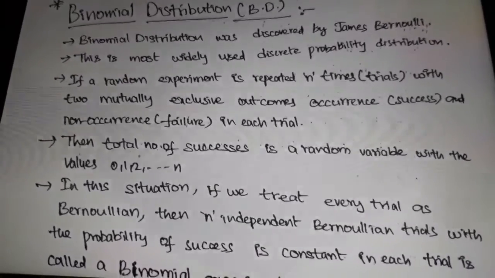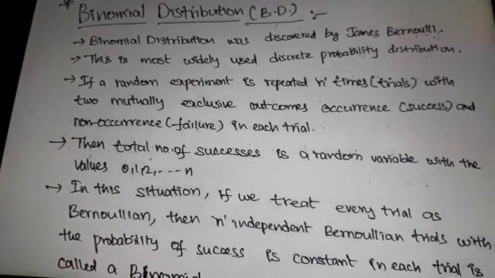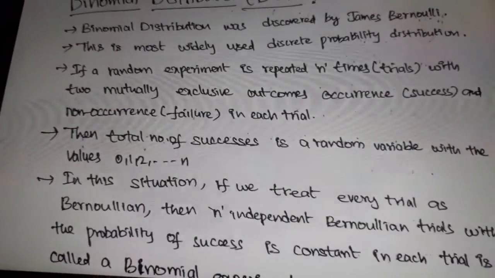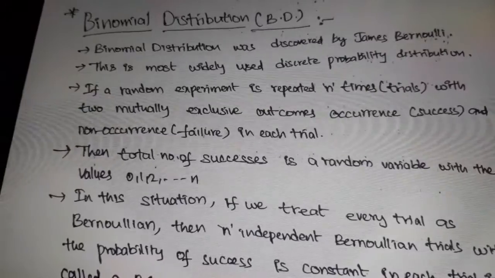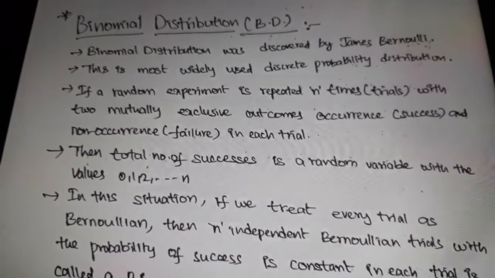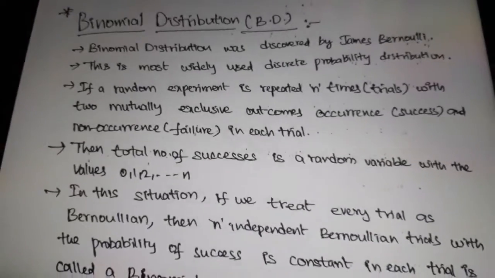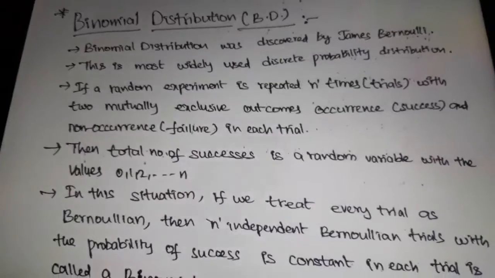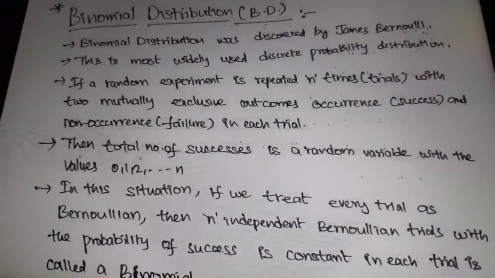See, if only a single trial is considered, it is Bernoulli distribution. If the same trial is considered more than one time, it is called binomial distribution. Only one trial means Bernoulli, more than one means binomial. That's why n Bernoulli trials is called the binomial experiment.